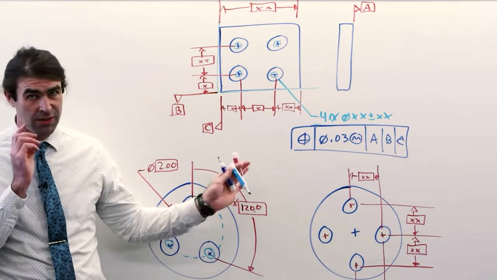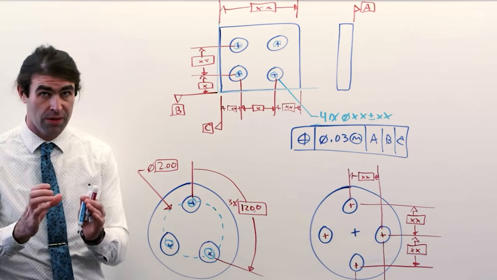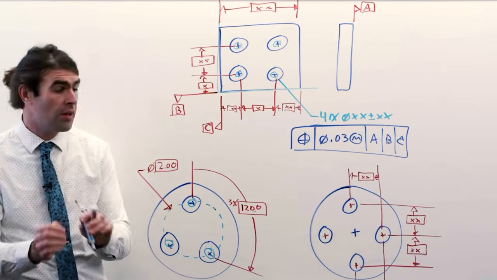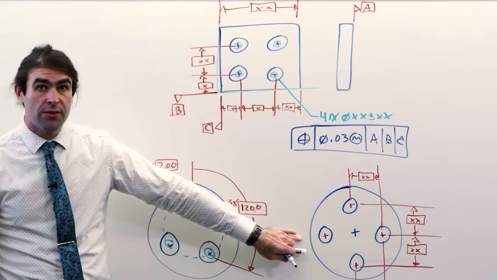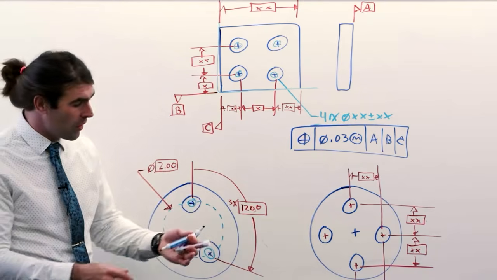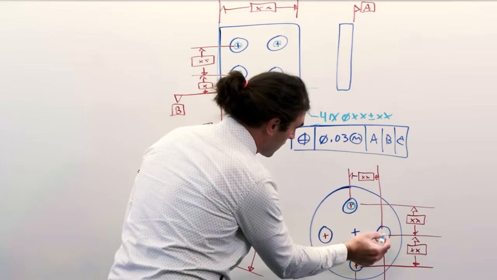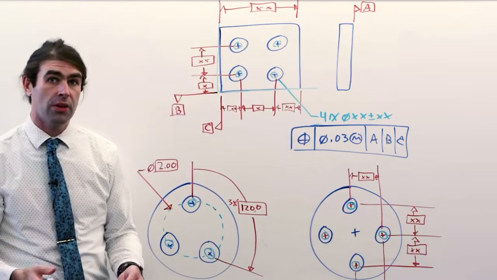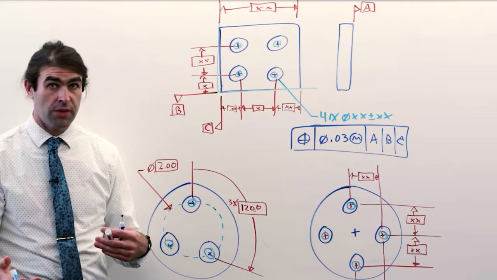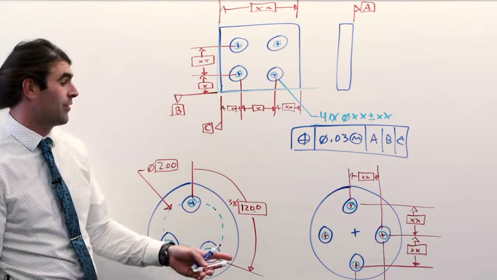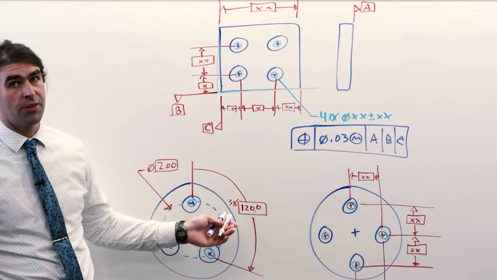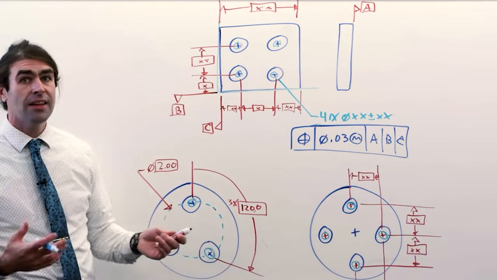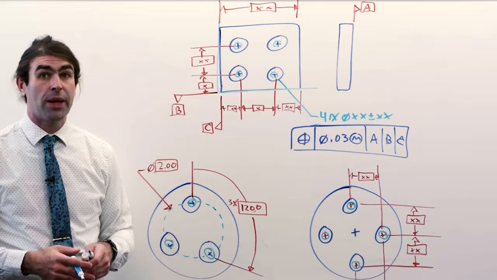I didn't put any datums or anything, but the important thing, round tolerance zone. If you do it like this with coordinate basic dimensions, you're going to get the exact same thing, round tolerance zone at the true position. It makes no difference, as long as the math is correct, as long as you figure your angles and everything correctly, and it's good in CAD. It doesn't make any difference for inspection.